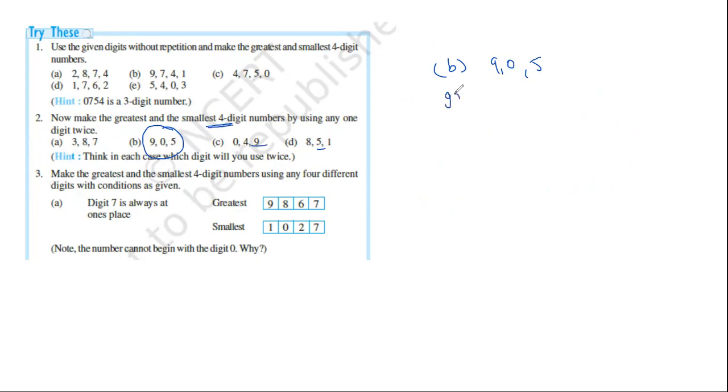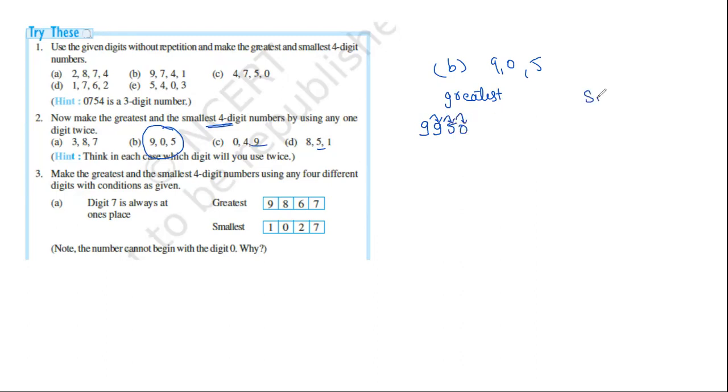Okay, so let's take the greatest condition first. I'll take the greatest digit first, which is 9. Greatest available digit is 9. So same as earlier, I'll write 9 again, because in this way I'll make my number greatest. Then I'll write 5 and then I'll write 0.